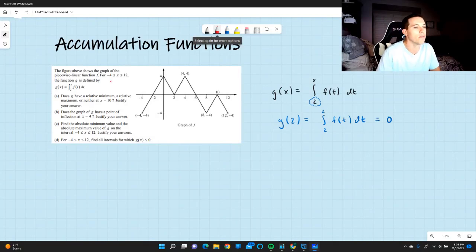The other key component, because we're dealing with these in this calculus course, is how does g's rate of change and f relate to each other. So from last year, I told you the key thing to remember when you are dealing with accumulation functions and you want to start answering calculus type questions is to find the relationship between g prime and the accumulation function. So in other words, what is g prime of x equal to?